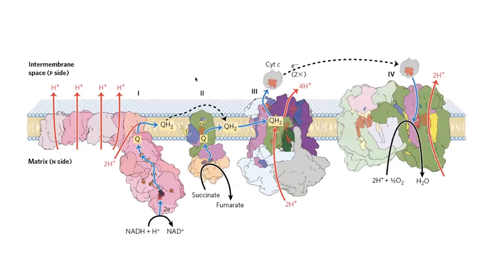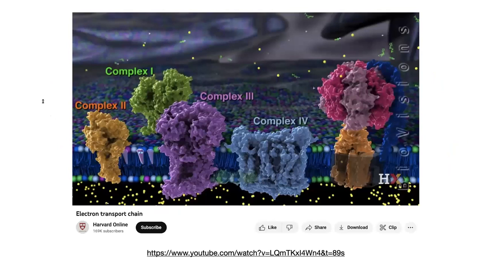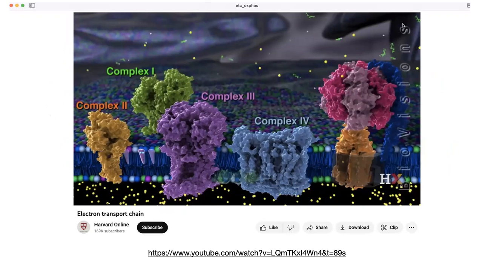Now we need to look in a little more detail about how this chain is going to work. I think it's best to start with getting an overview of what it all actually looks like. So there's this great animation from the HarvardX consortium. Why don't you go watch that, and then we'll discuss in detail.